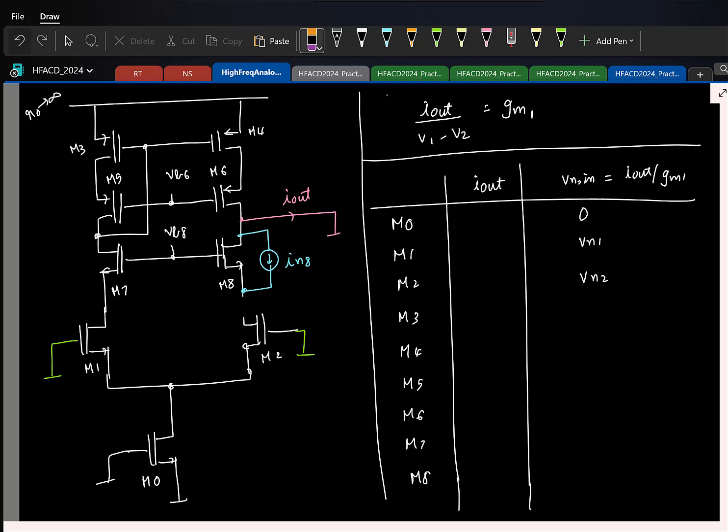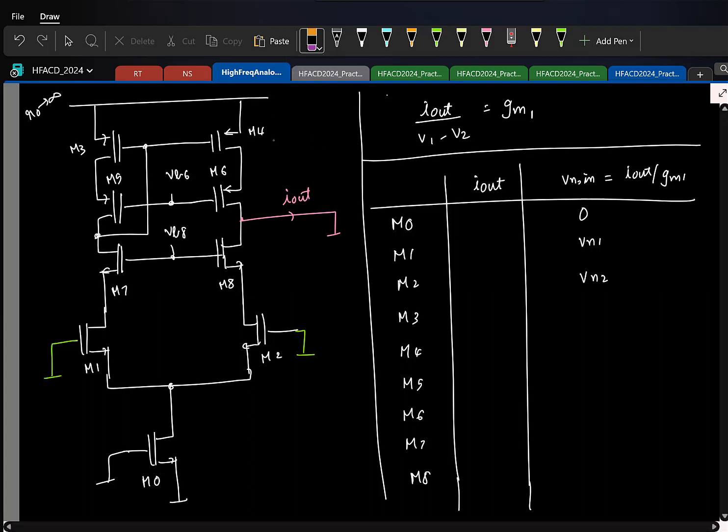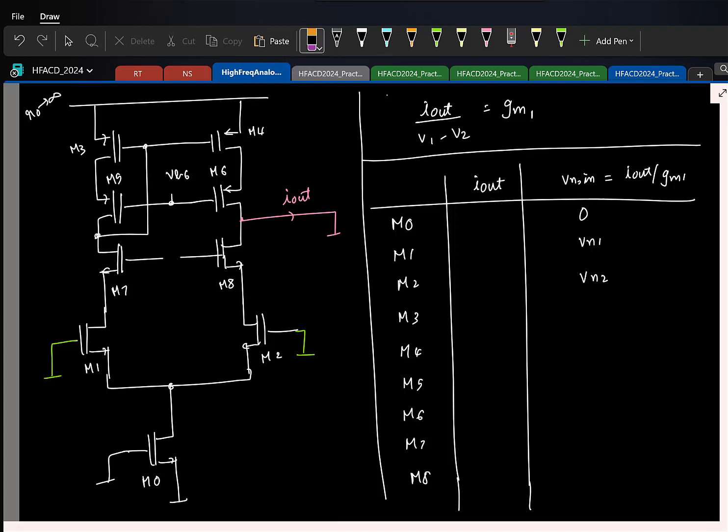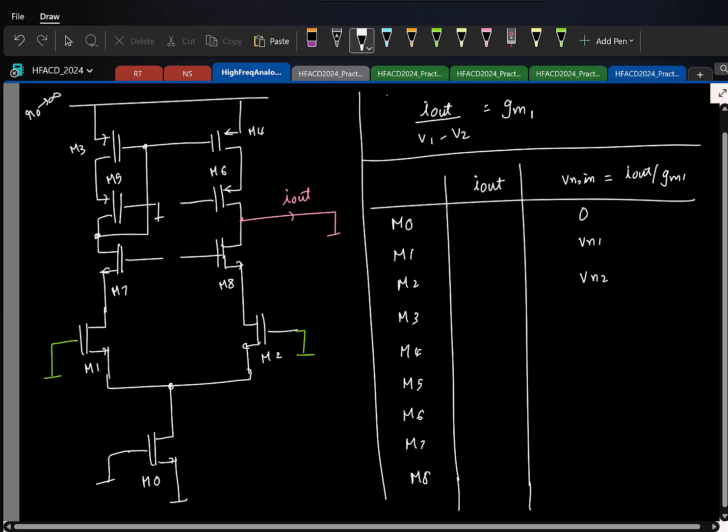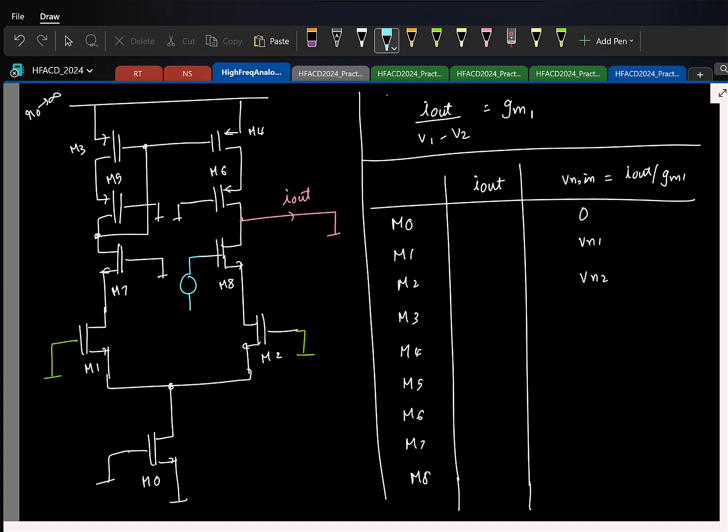Okay. I mean, you can also look at it like this, right? So let us say I can model the noise here due to a current or a voltage. So let us say I use a voltage source. Incrementally, these are all short, remember. So I can model the noise due to M8 as a voltage source like this, right?